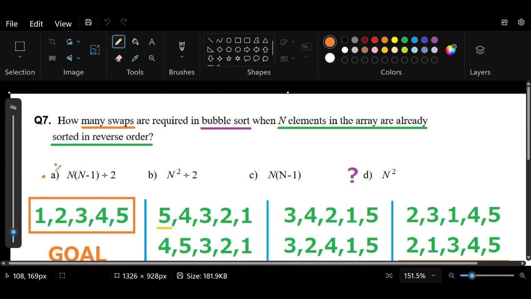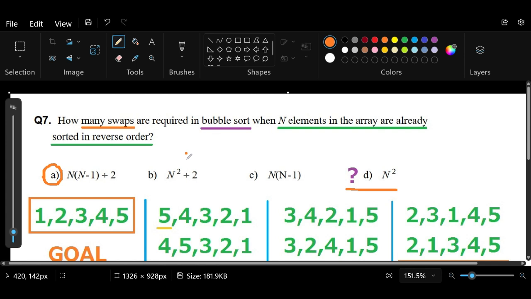Although in my case, I was able to choose the right letter, which is A. Although I initially also thought that it would be a quick D, n squared, because when we think about bubble sort, I would remember that in our algorithms class, the worst case would be n squared. But in this case, I think that we're not necessarily talking about the worst case in this context.